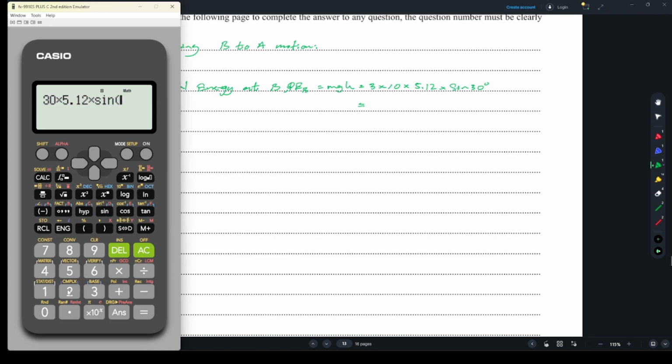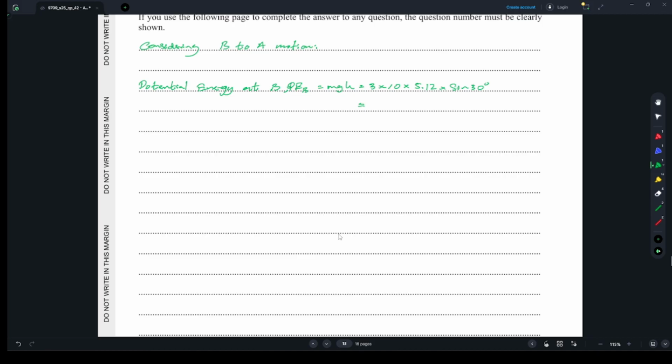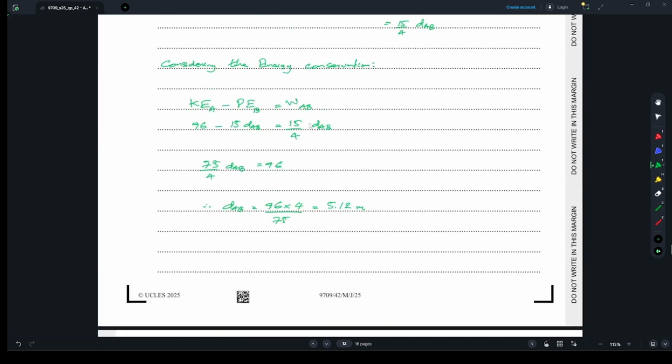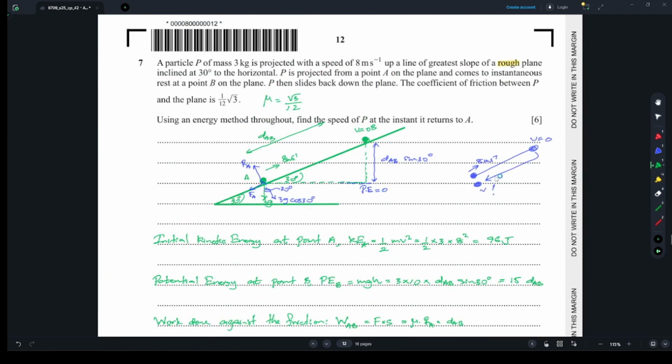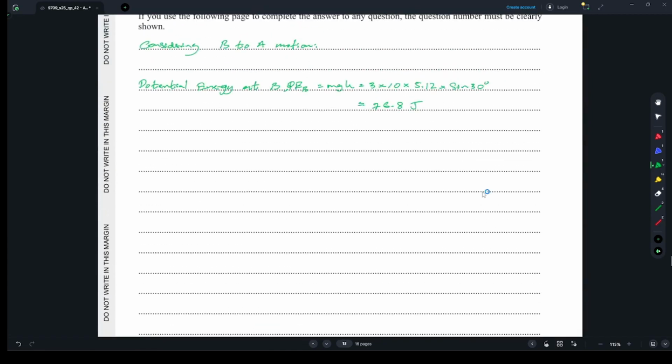Okay, it's right, sine 30. 76.8 joules. And then, there's no other option to find the velocity again at point A. So let's consider the kinetic energy at that point.